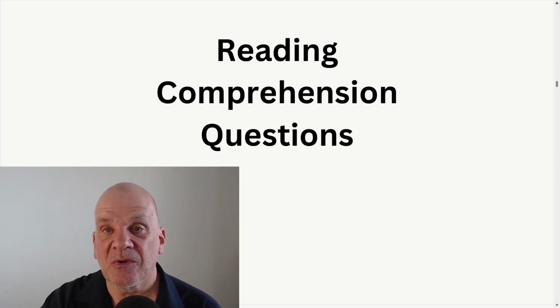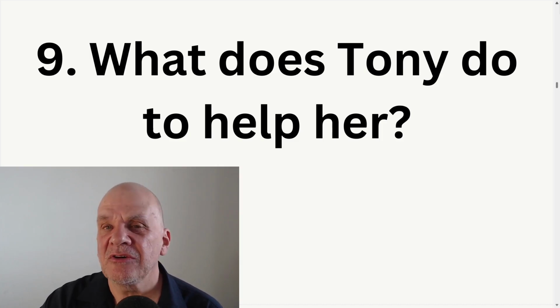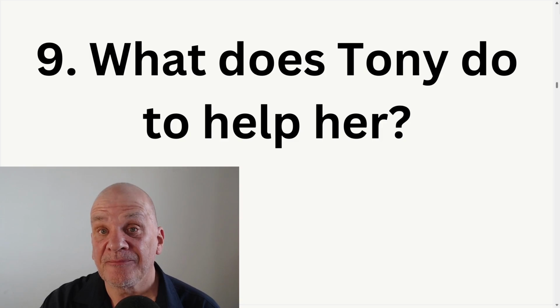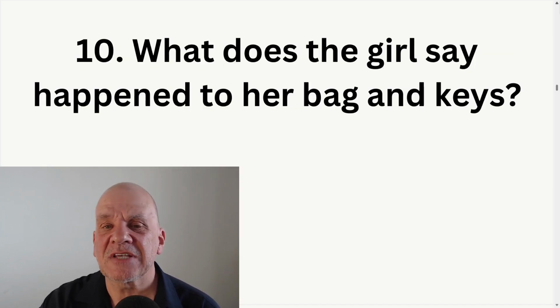Reading comprehension questions. 9. What does Tony do to help her? He offers her a ride home in his taxi. 10. What does the girl say happened to her bag and keys?